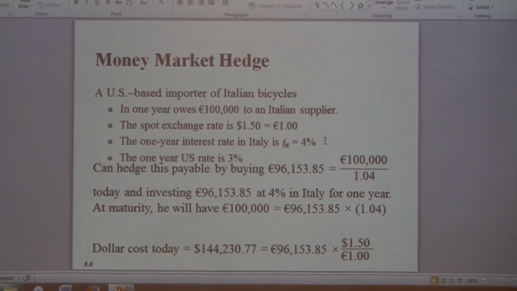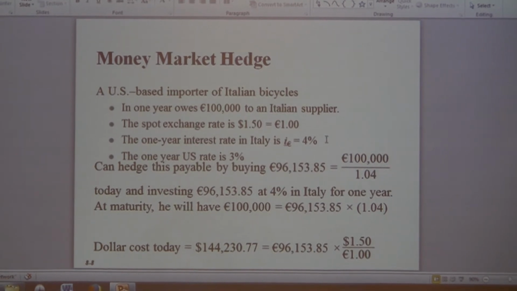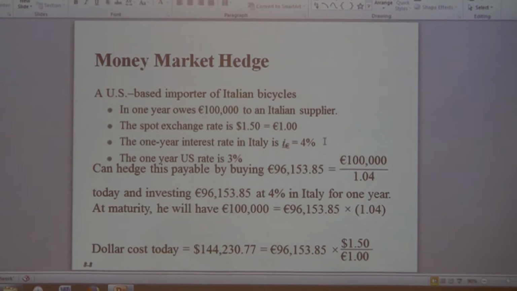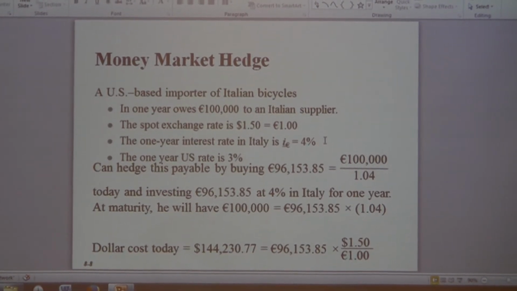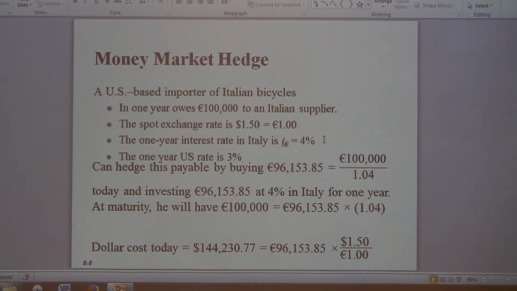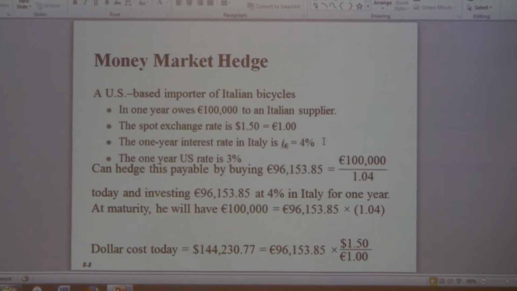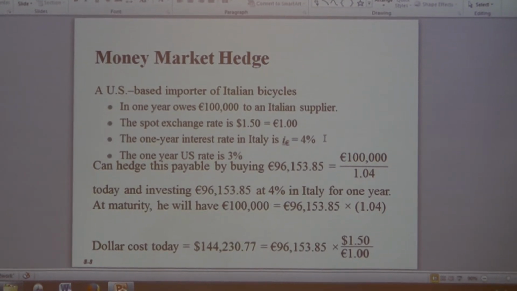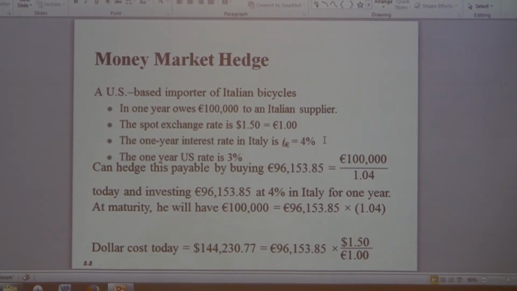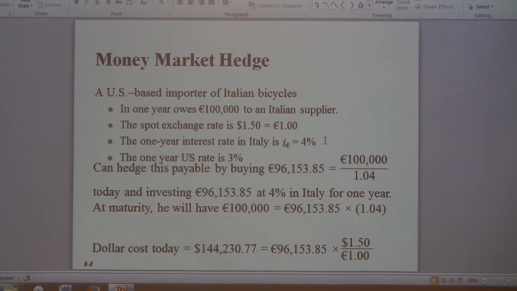So that gives us the future value dollar cost. Now, as far as exam 1 is concerned, you can bring a 1-page formula sheet. So you can write down all the steps. As long as you don't have any numbers, that's fine. Okay? So please make sure you don't have any numerical examples, but you are going to write down all the steps you need. So how do you do a money market hedge? This basically tells you how to do that.